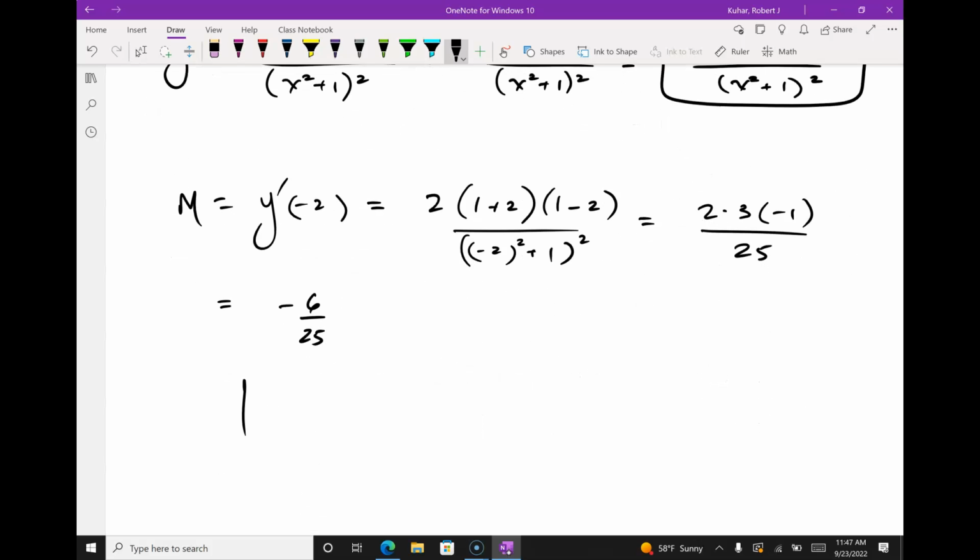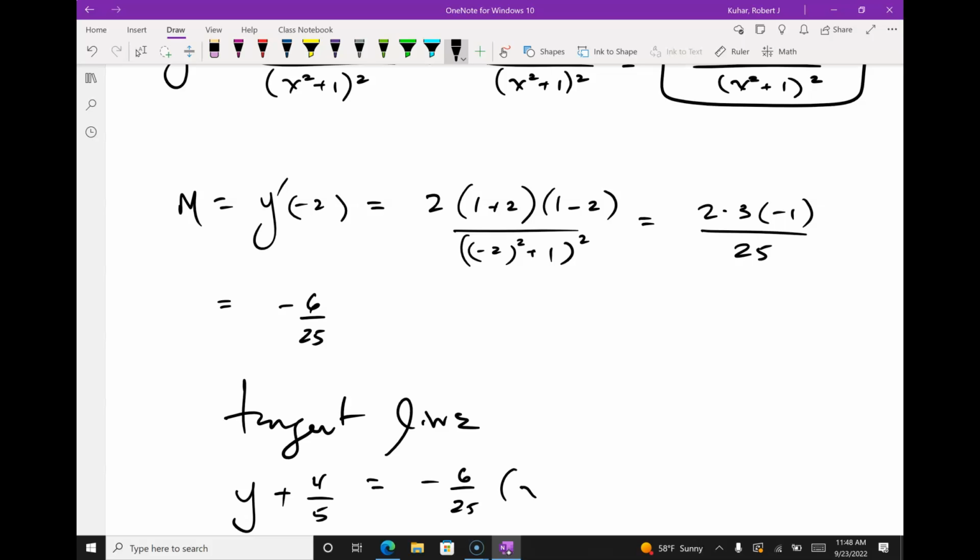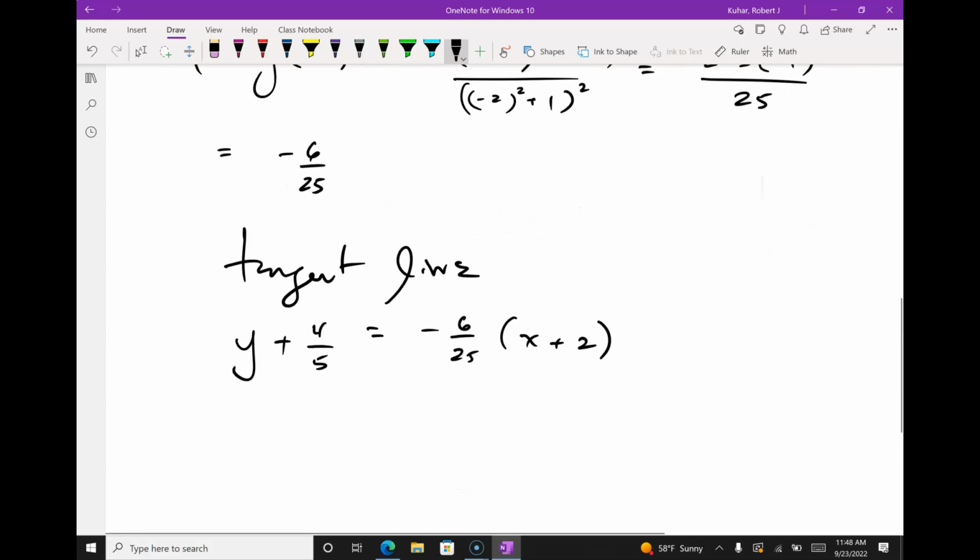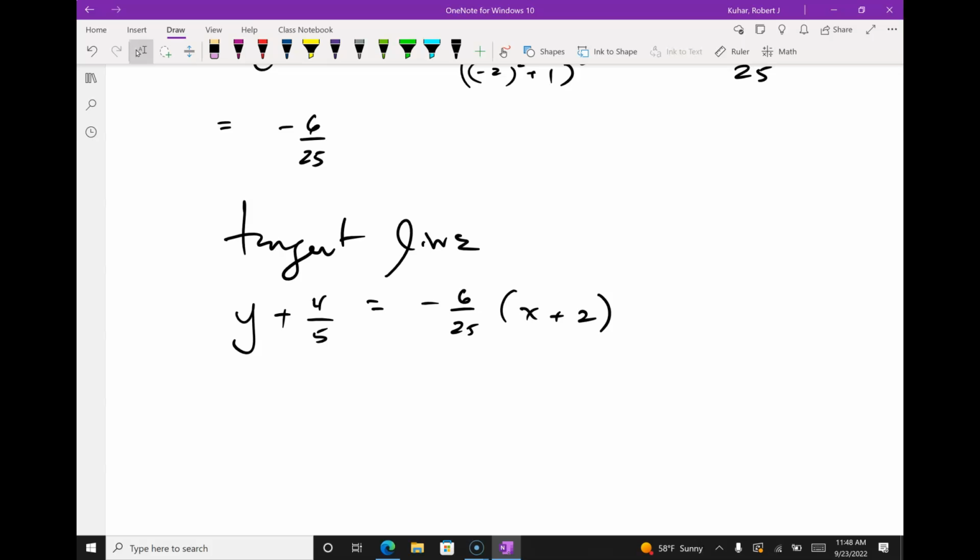Okay, tangent line. Y minus a -4/5, right? Equals -6/25 times x plus 2. We all in agreement there? Yes?